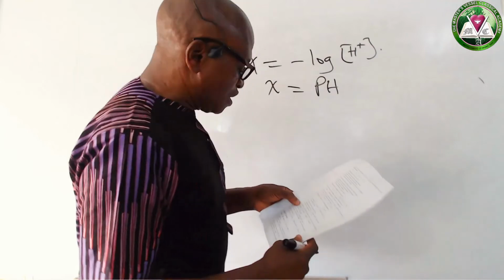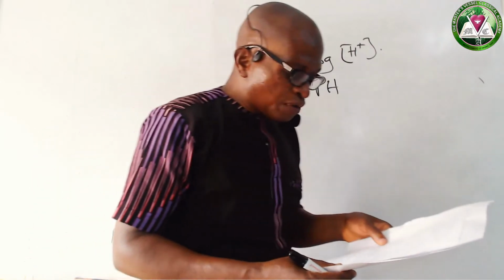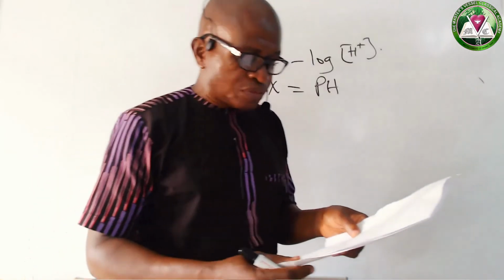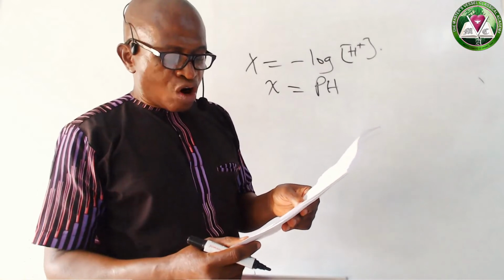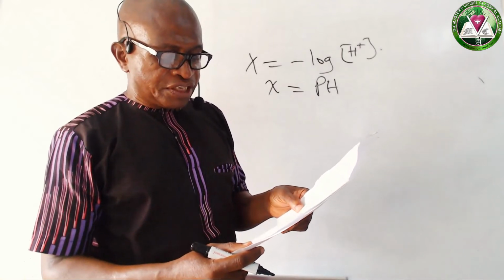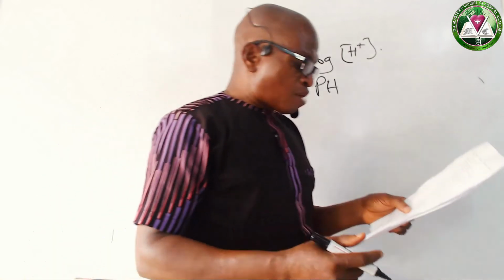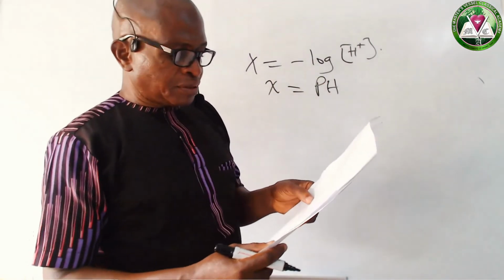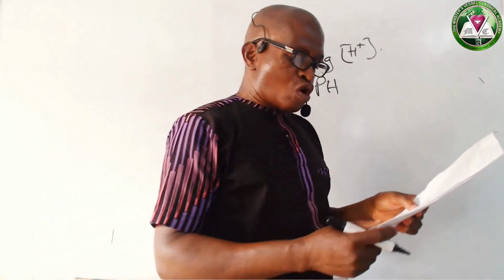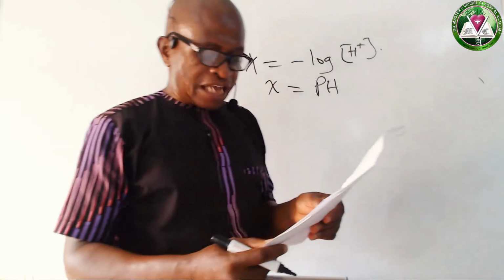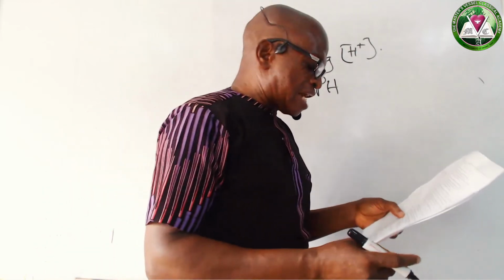Then number 28 says, the number of replaceable hydrogen atoms in one molecule of an acid indicates what? The answer there is basicity.